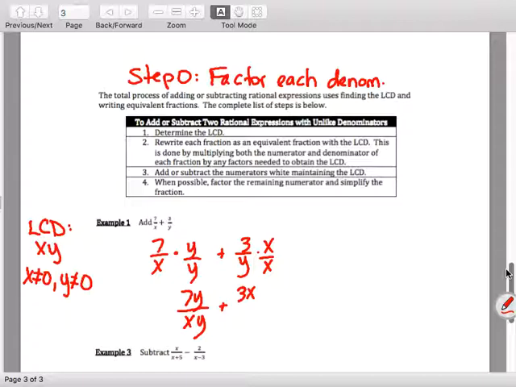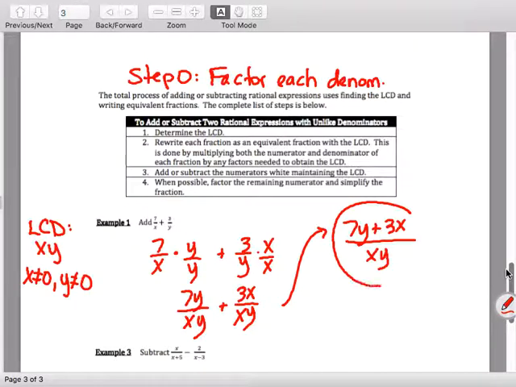But the commutative property that you learned in Algebra 1 allows me to switch the order. So I'm going to put it over the common denominator, xy. That's 7y plus 3x over xy. I cannot cancel because my numerator contains 2 terms. Cannot cancel terms.